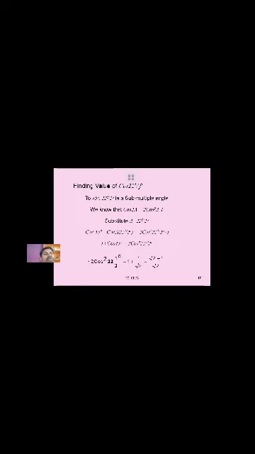So 2 cos square 22.5 degrees equals 1 plus cos 45, meaning 1 plus 1 by root 2. So root 2 plus 1 by root 2, after LCM we get the value. So cos square 22.5 equals that, and cos 22 and a half degrees equals, the square goes to the right side and becomes a square root.